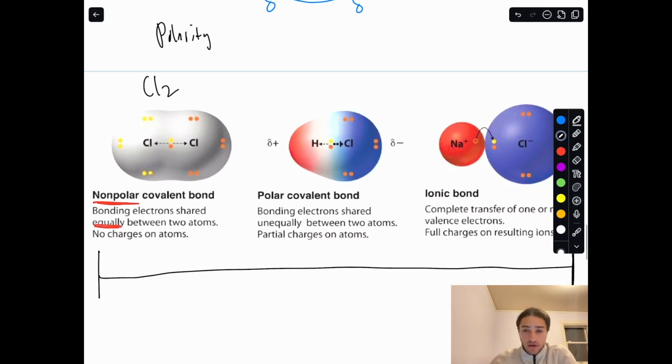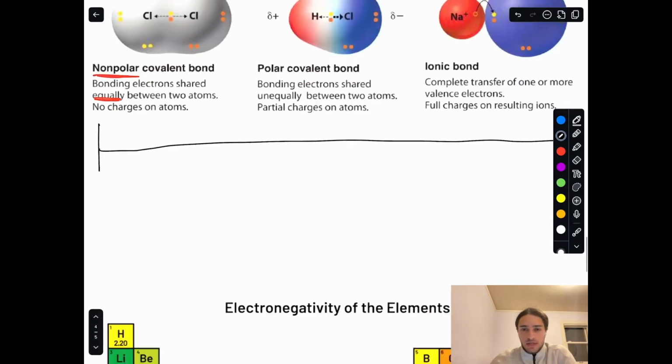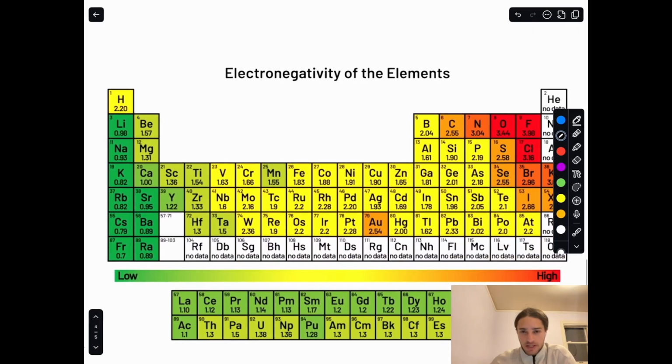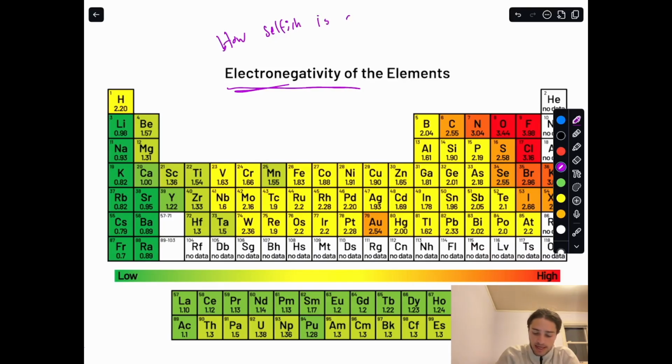And it all comes down to my favorite periodic trend, the most important periodic trend, electronegativity. Stay with me here, I know this is a bit of a tangent, but I like to say that electronegativity is a measure of how selfish an element is with electrons.